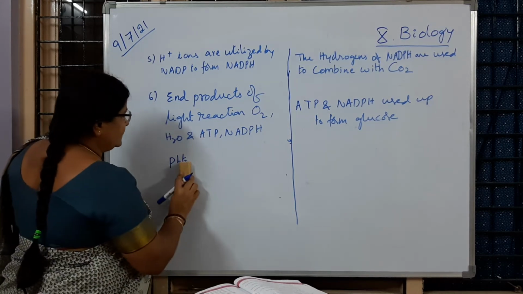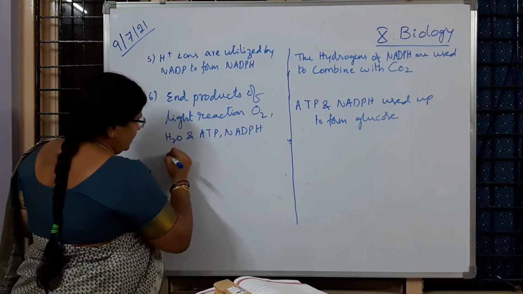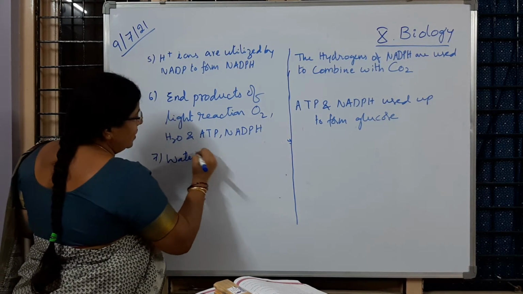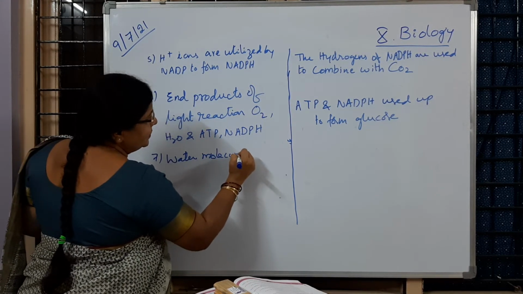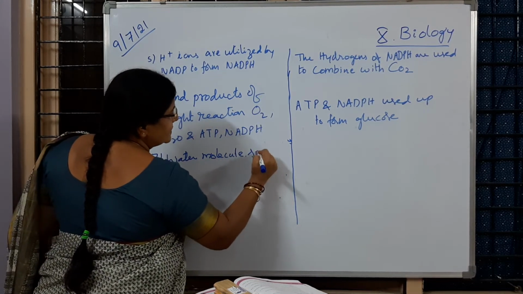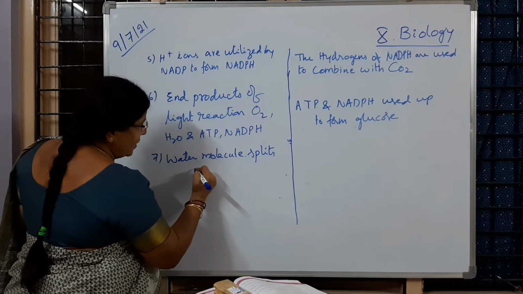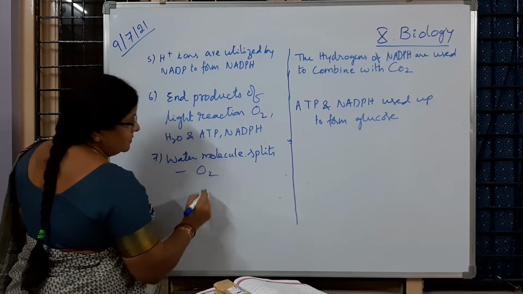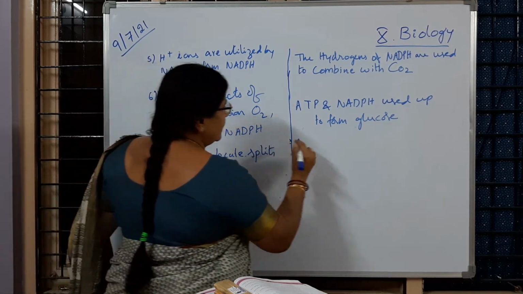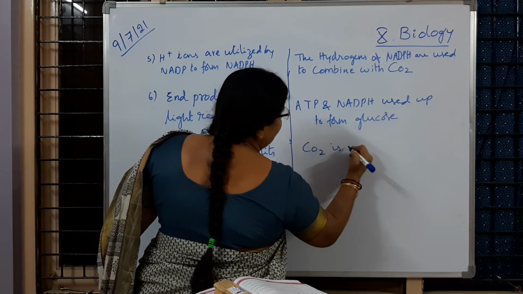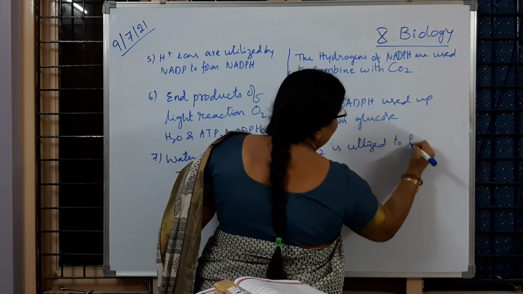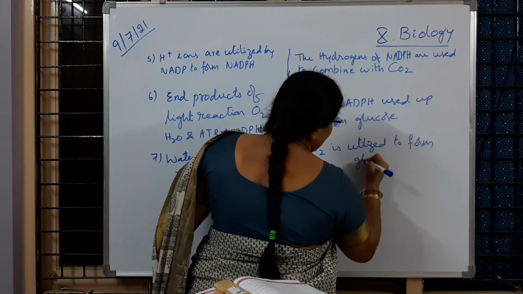Here, last but one step, you know that photolysis of water is happening. The water molecule splits and that results in the formation of oxygen, whereas in dark reactions carbon dioxide is utilized to form glucose.